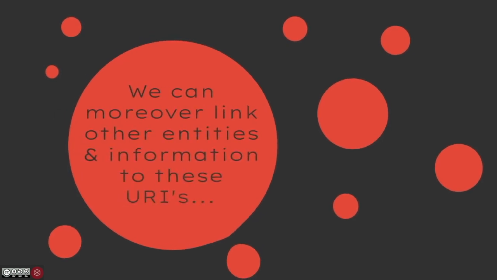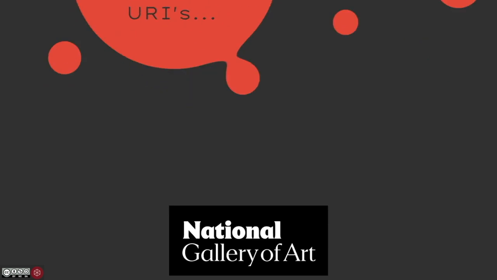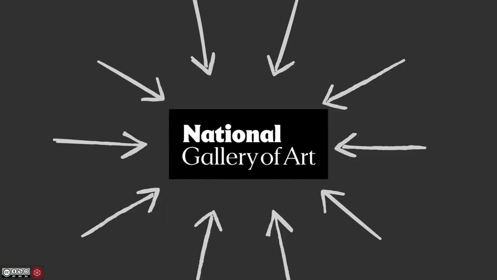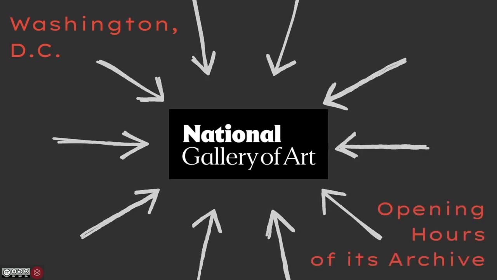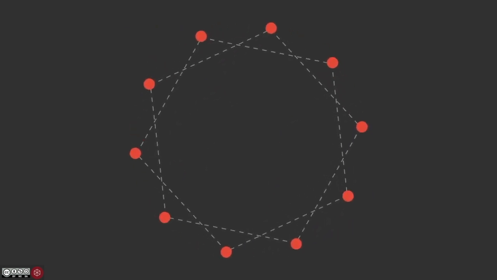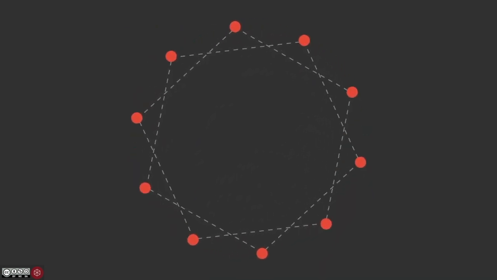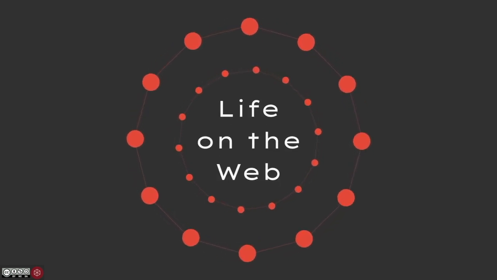And that's not all, but we can moreover link other entities and information to these URIs. Take the NGA, for example. We can link it to Washington, D.C., say, and to the opening hours of its archive, for those researchers of you who are watching. In doing so, we can effectively bring a network of otherwise dormant entities to life. And by that I mean life on the web.